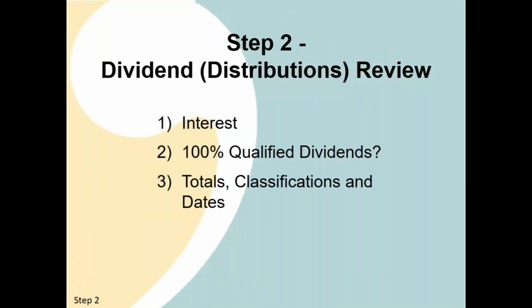Third, you need to make sure that the total amounts and the dividend classifications agree with your broker, and make any adjustments needed if they don't. And fourth, for any dividends paid by foreign companies or ETFs or mutual funds that hold foreign investments, you'll need to make sure that the proper country is identified and enter what percentage of the dividend is foreign income. Next, we'll show you how to do each one of these steps.